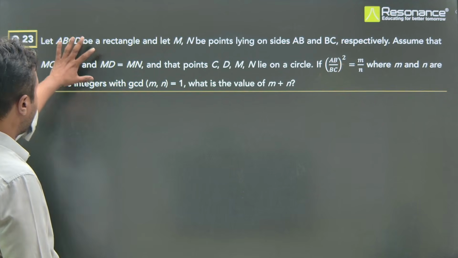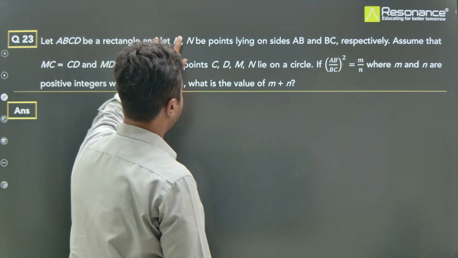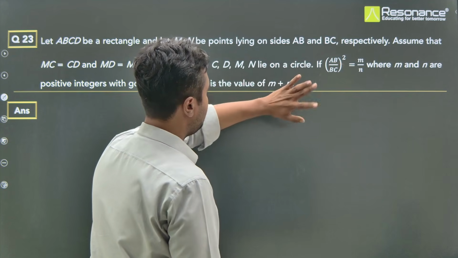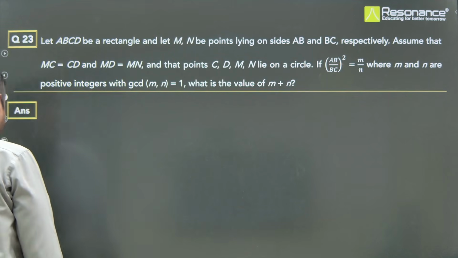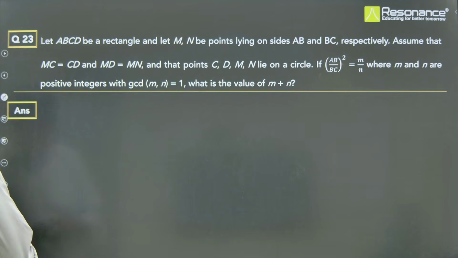Okay, let's go through the next one. You have ABCD is a rectangle, M and N are points on these two sides, assuming MC equal to CD.